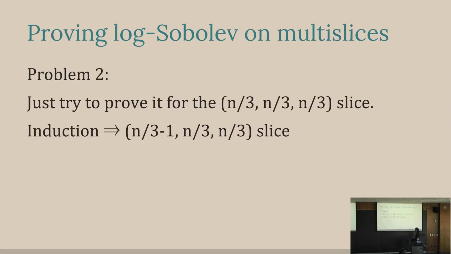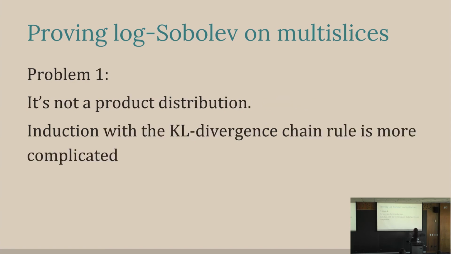Like I was saying, we somehow only care about the case where the slices are almost the same, the colors are almost the same size. So what if we just try to prove it for the slice where each of the colors is exactly n/3? The only thing we know to do with the KL divergence is to induct.